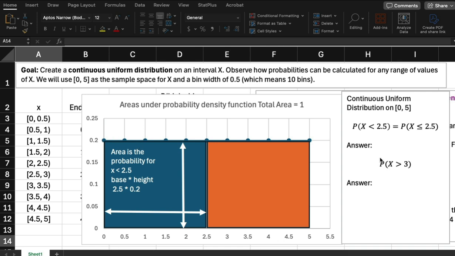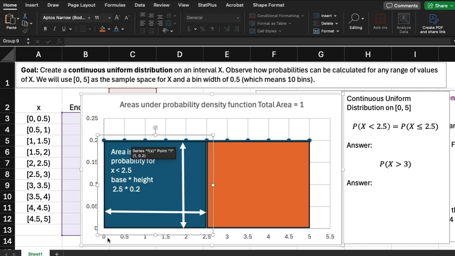Now let's talk about some probabilities of specific outcomes. Let's talk about the probability of x being less than 2.5. What I've done here is I've drawn a rectangle that covers the values from 0 to 2.5, because that's what x less than 2.5 is, and drawn the rectangle up to the line, which is at 0.2.